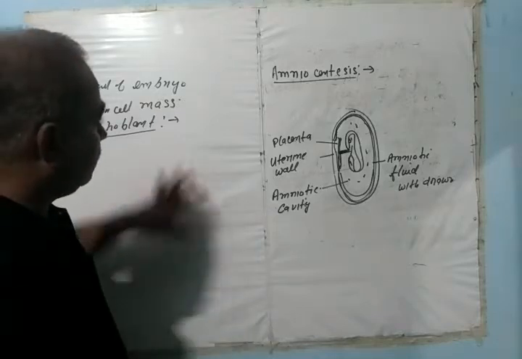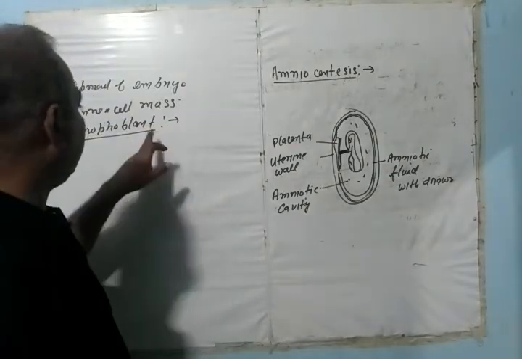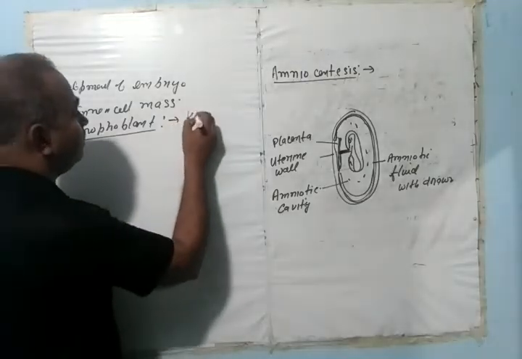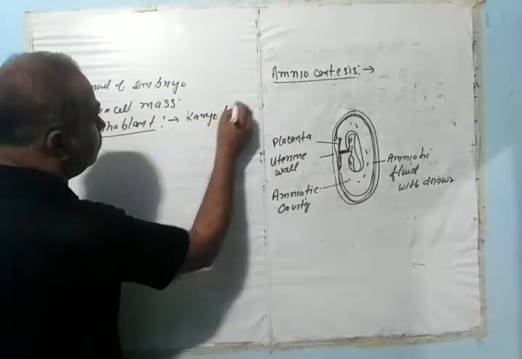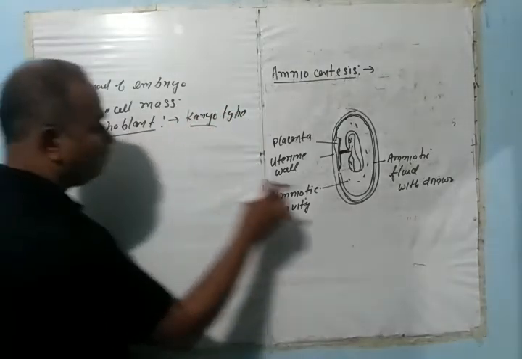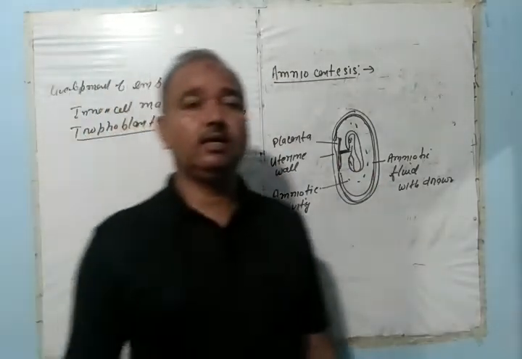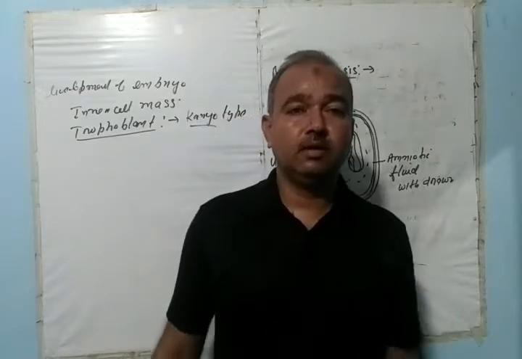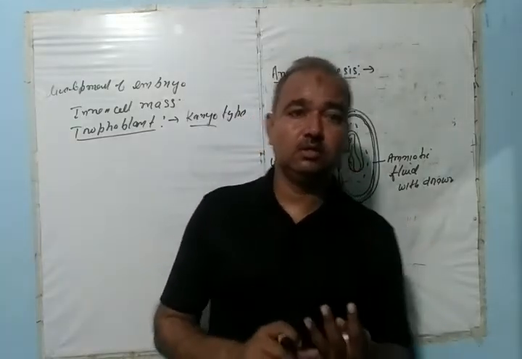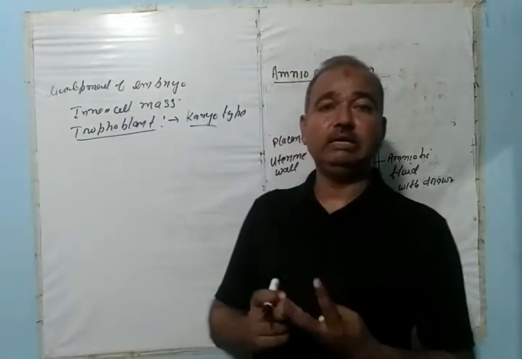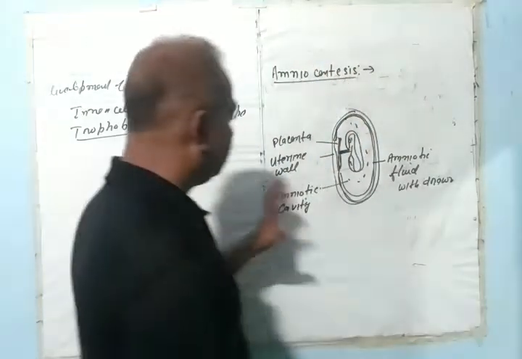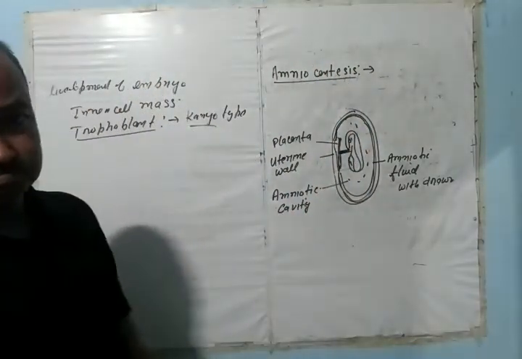So ultimately, if we observe the karyotype of this fluid or this cell, then we can observe or diagnose any difficulty found in the developing child.